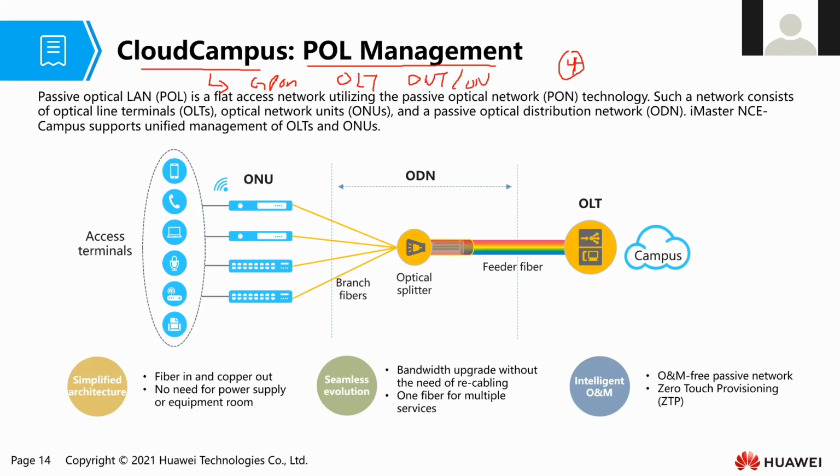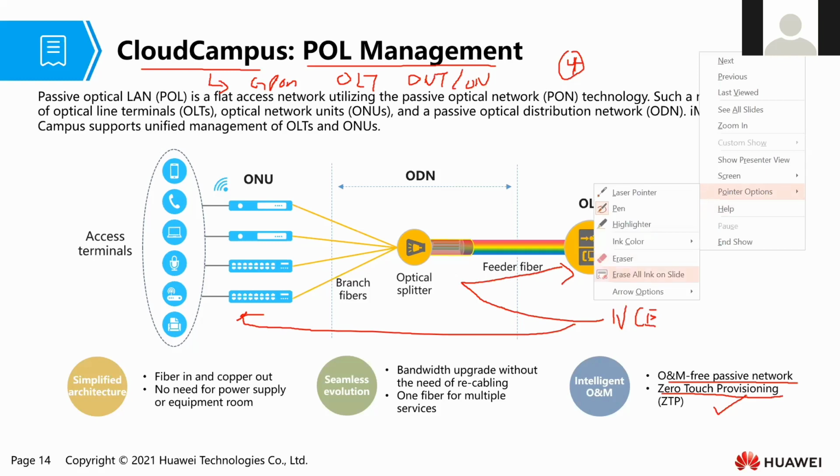By managing all these devices, we can achieve zero touch provisioning and an O&M-free passive network. Basically, on NCE Campus, you can configure all the OLTs and all the ONUs. So you don't need to configure using the console. You can run it in our NCE using ZTP provisioning. So this is the fourth solution.